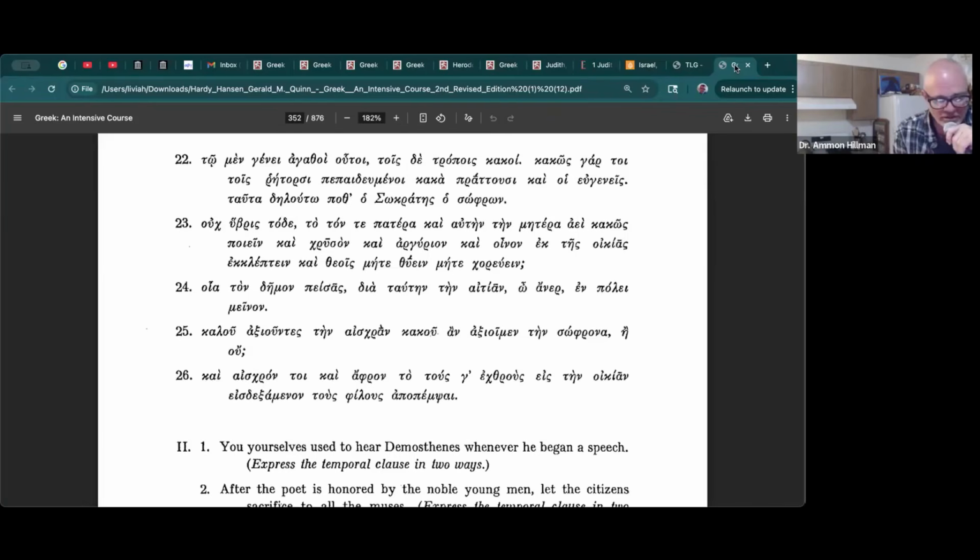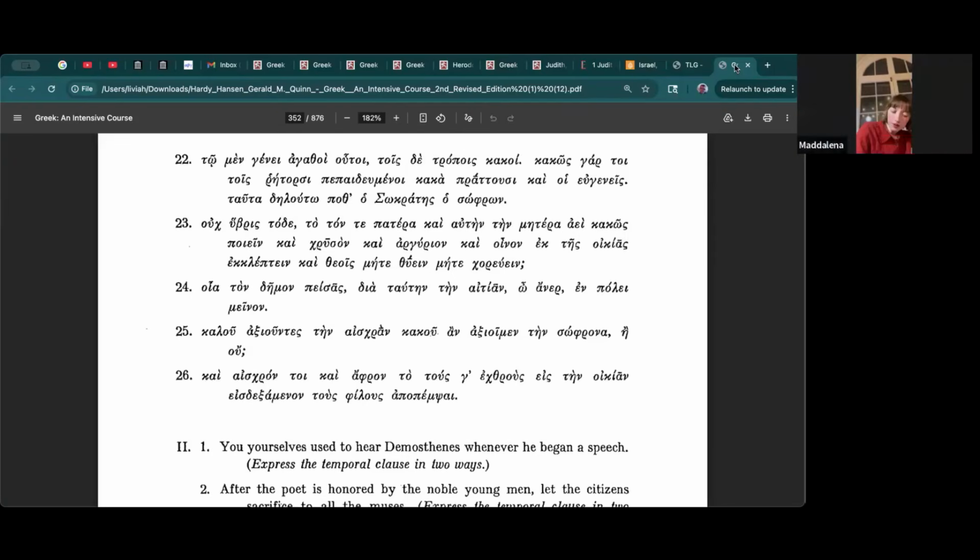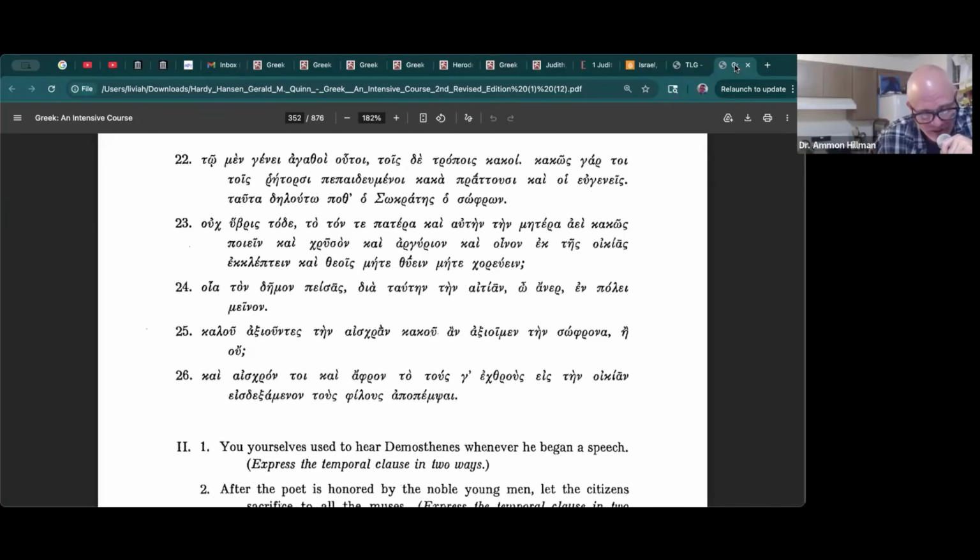Don't try to make it like two. But this could be a conditional disguised. We've got an optative with an an in the apodosis, and we have a substituted participle in the protasis. Our if clause has a substituted participle.